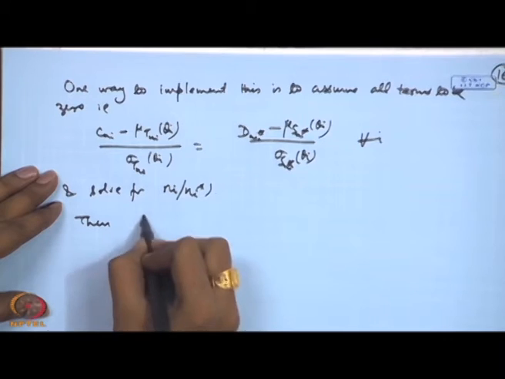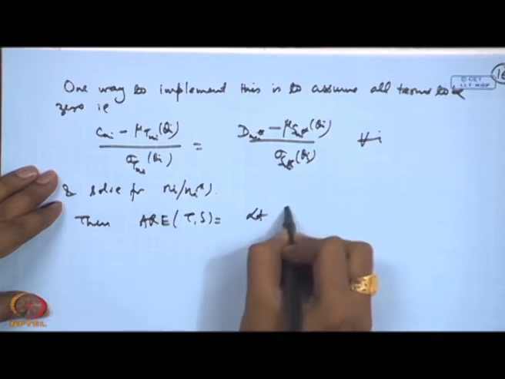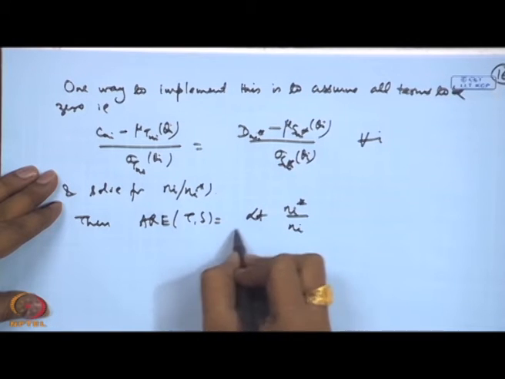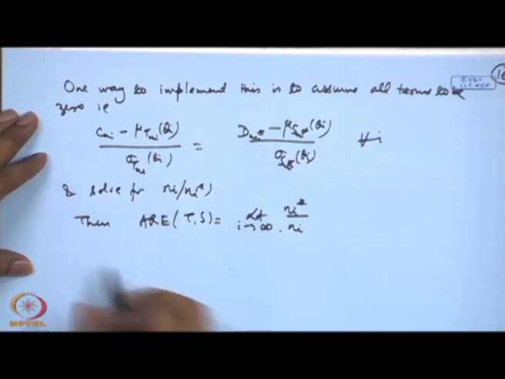Then ARE of Ts is equal to the limit of Ni star by Ni for I tending to infinity. That is one way.